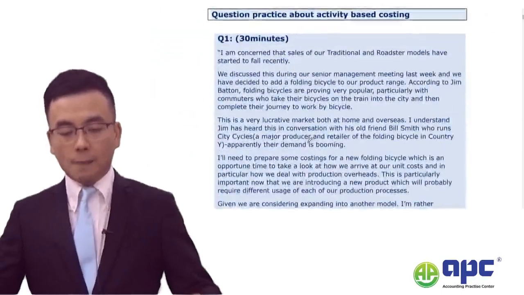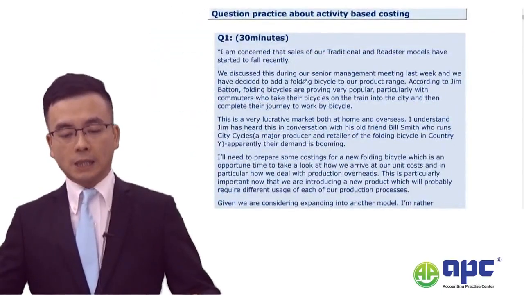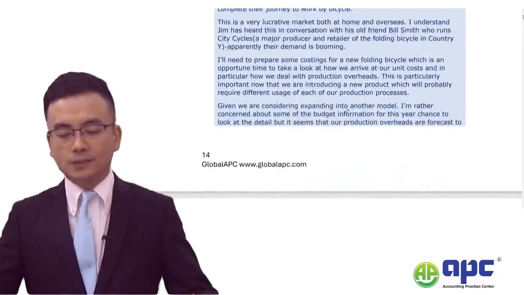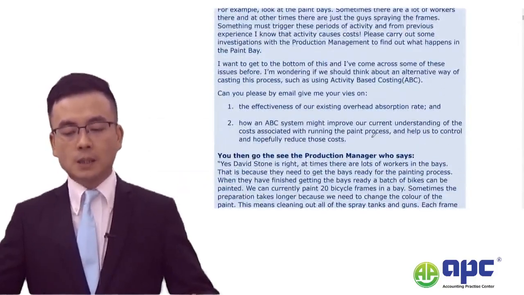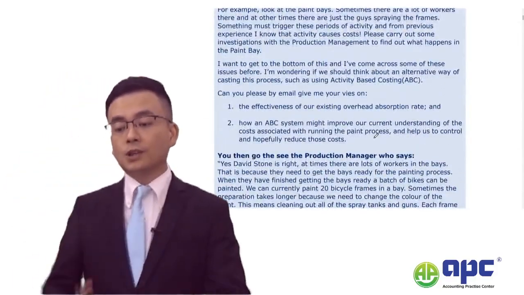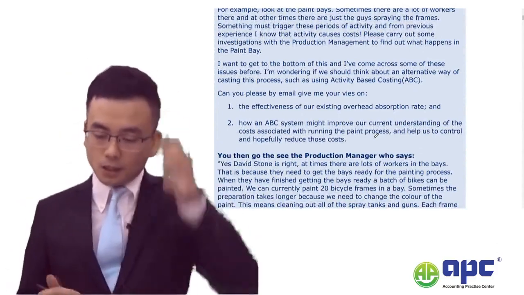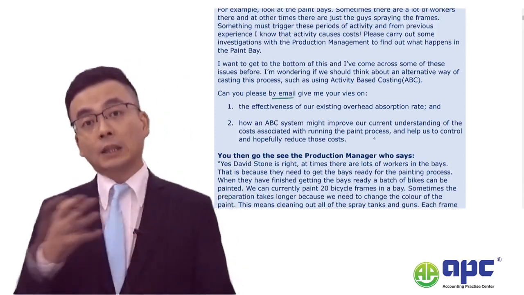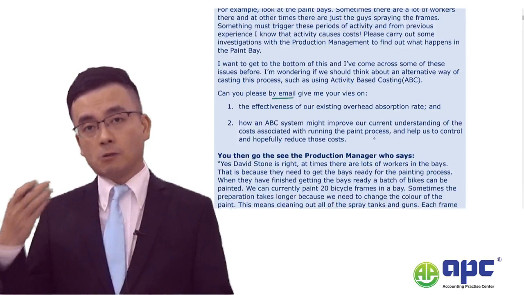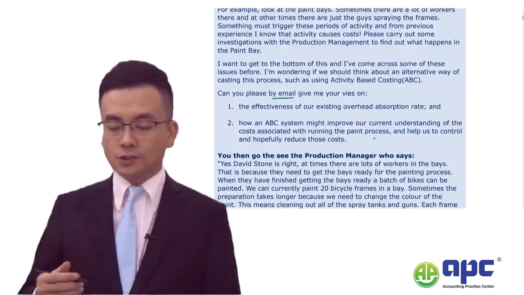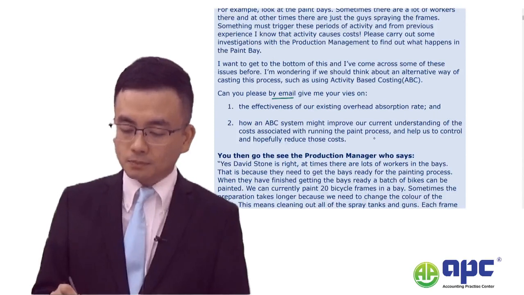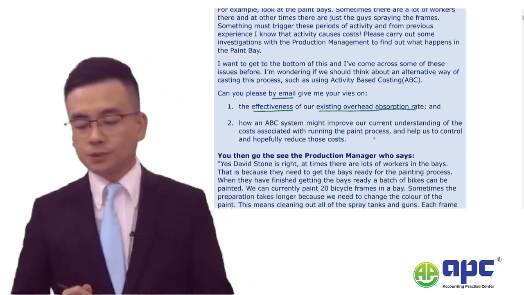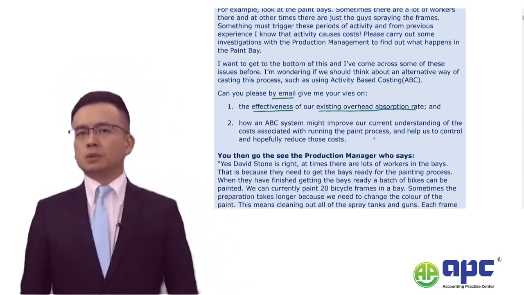Now, I've included a past exam question regarding ABC. As you can see, yes, the exhibit, very, very long, but go to the requirement firstly. Please by email. We can ignore the format of email report in this exam, in our answer. Firstly, the effectiveness of our existing overhead absorption rate. Oh, okay. What does that mean?